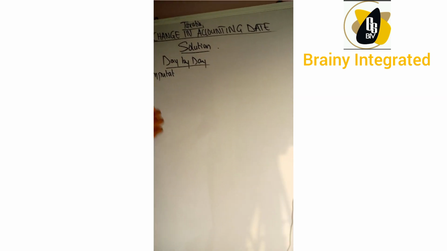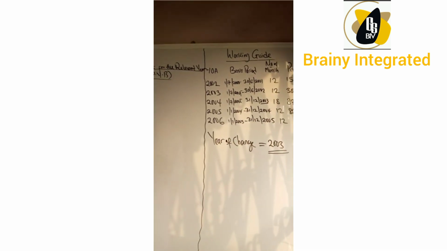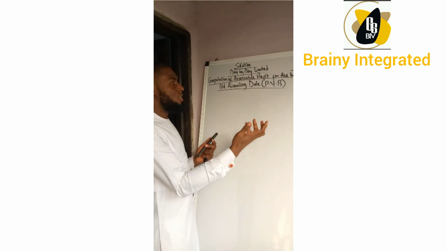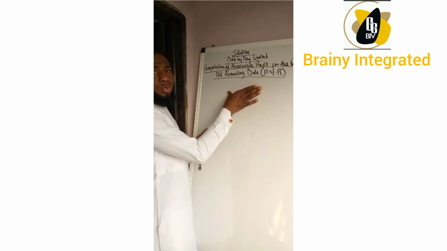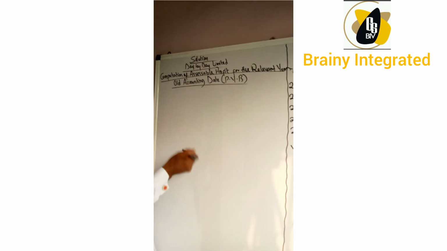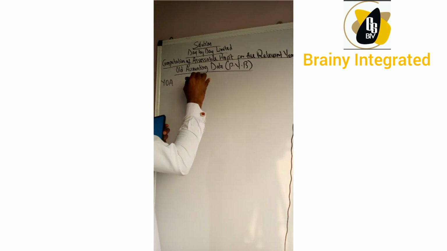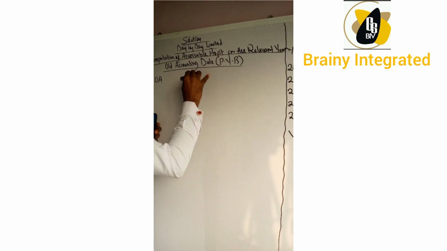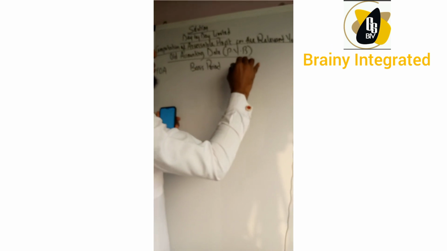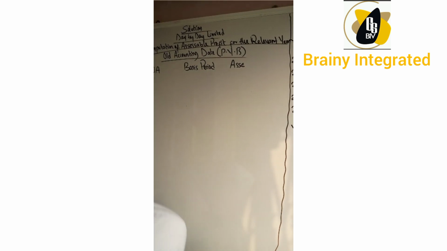Alright, so now that we have gotten the year of change, what we need to do is to compute the assessable profits for the relevant years. First, we are going to use the old accounting date, and we are doing that on preceding year basis. So I'm going to write year of assessment, basis period, then assessable profit.